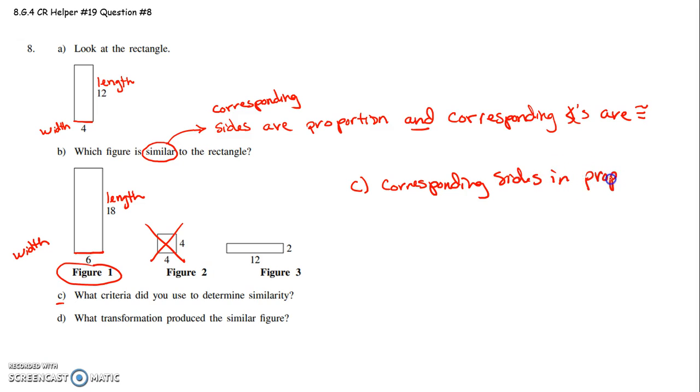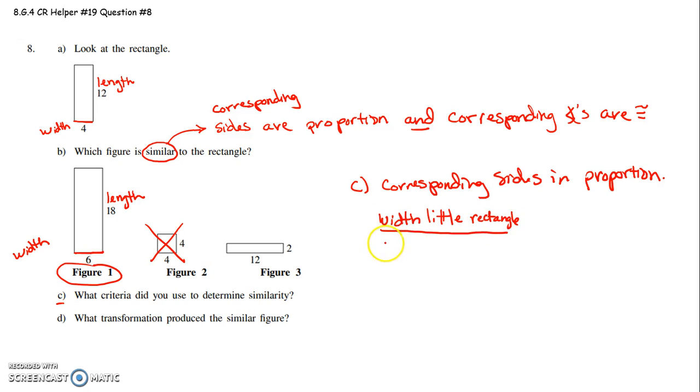A proportion just shows that 2 fractions are equivalent. So let's take a look. I'm going to do the width of my little rectangle. This is my smaller rectangle. I could have said original. Little rectangle.